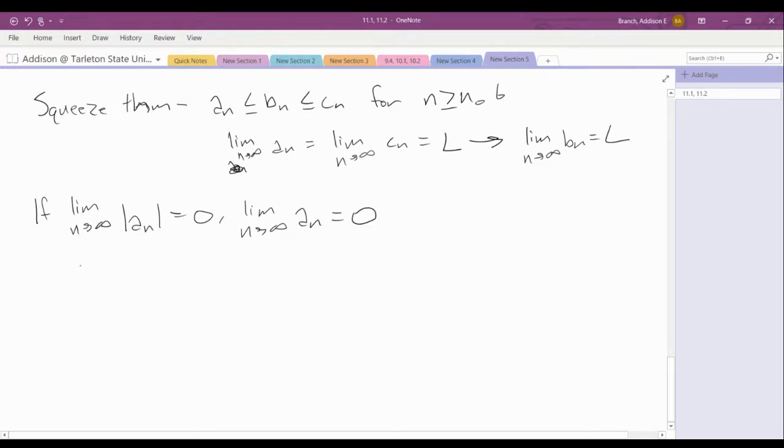This one is really important whenever you're dealing with oscillating sequences. One way you can notice these is if they have a -1 to the n or something along those lines. It's essentially something that's going to keep shifting back and forth between positive and negative terms.